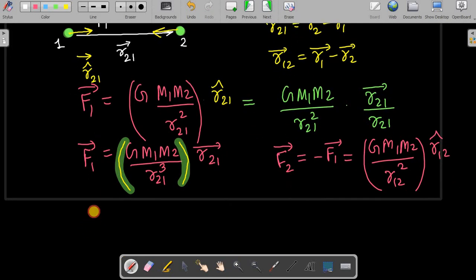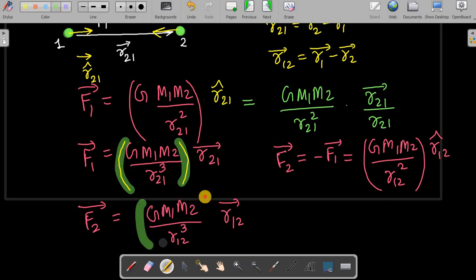Now in terms of cube, if you want to write, F2 vector is G M1 M2 by R12 cube, and this is the R12 vector. Okay, so like this also you can say that this is the vector representation where the symbols have specific meanings, right, which you can decide by yourself.